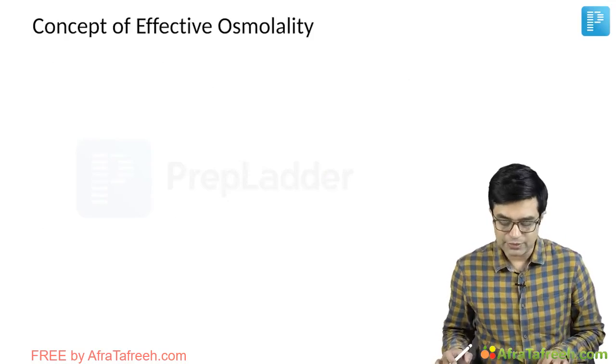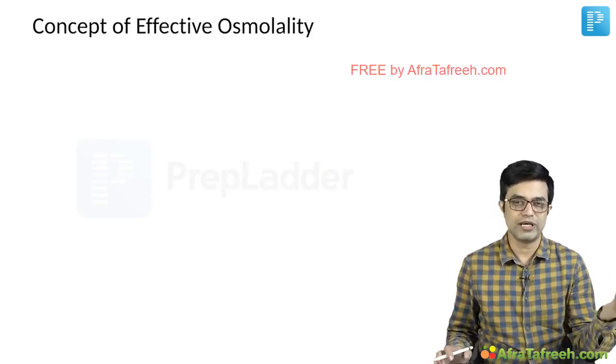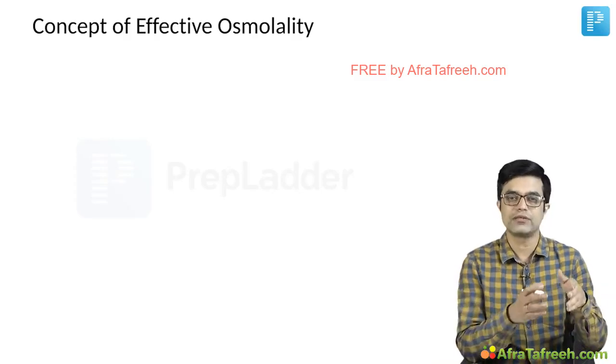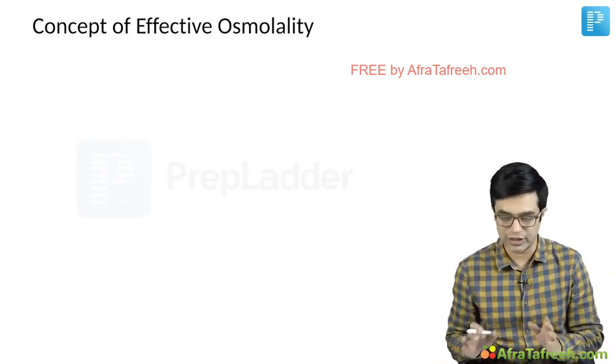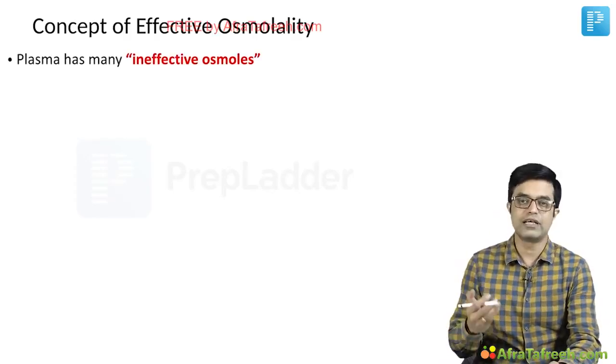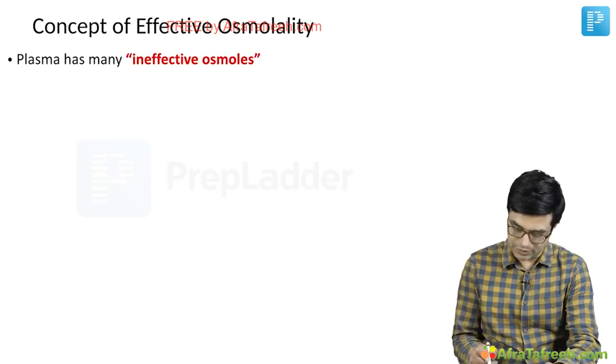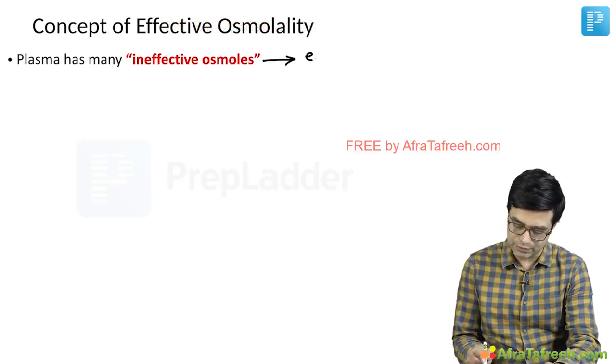Now, what is the concept of effective osmolality? So one was actual osmolality which you measure, we call it measured osmolality. Second was what you calculated using a formula. Third is effective osmolality. Plasma has many ineffective osmoles. Why are they ineffective? The major example of an ineffective osmole is urea.